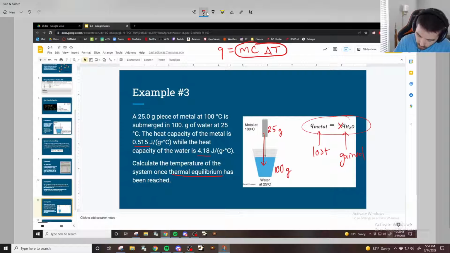So I'm going to start with mc delta T for the metal on one side and mc delta T for the water on the other, metal on the left and water on the right. So let's start plugging in some values, things that we know. The mass of the metal is 25 grams.